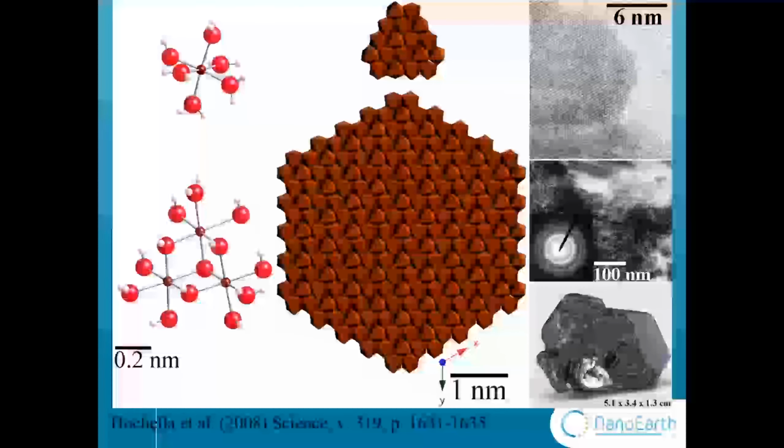And aqueous geochemists, and I'm one of them, would call all of this stuff dissolved. But as you can see, or you can guess chemically, they would all behave differently, whether it's truly dissolved like in the upper left, or the tricluster below that, or the 1 or 5 nanometer particles.